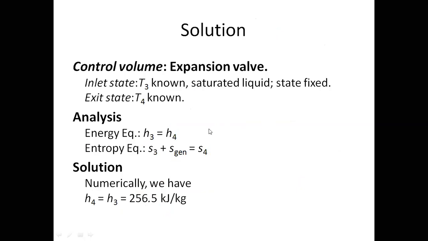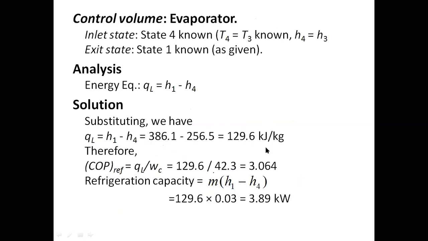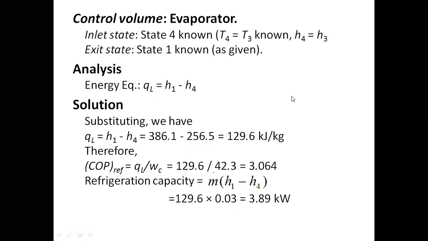Now the next control volume is the evaporator. The evaporator is the component where the heat absorption takes place. At the end state 4, the temperature is known.